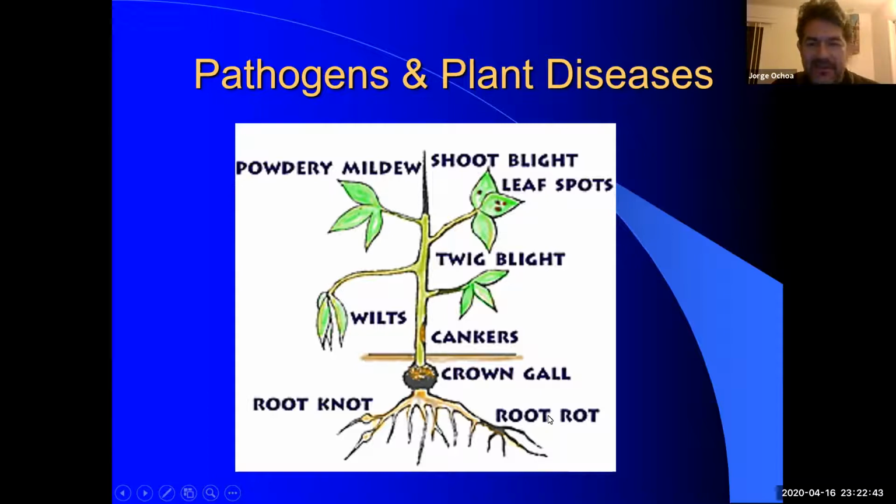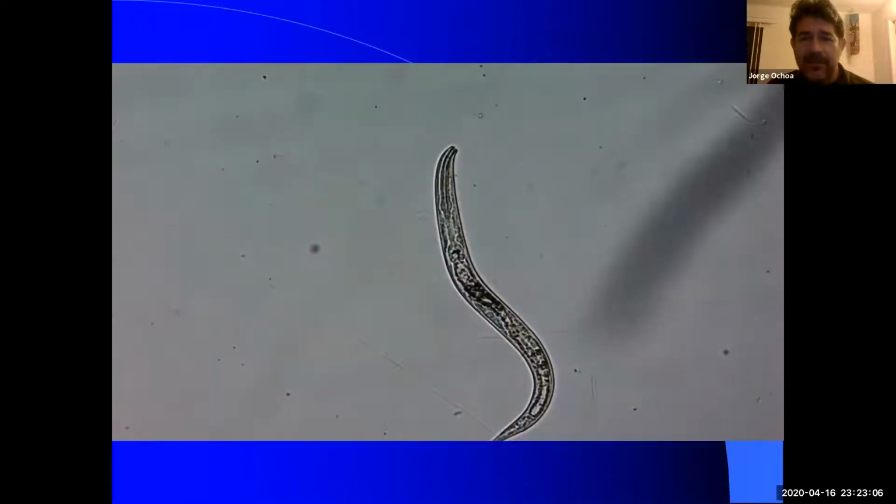And then there could possibly be some root infections, such as Fusarium wilts or pathogens that are going to be affecting the roots. So just like humans, every single part of the plant can be affected by a disease at some point or another.